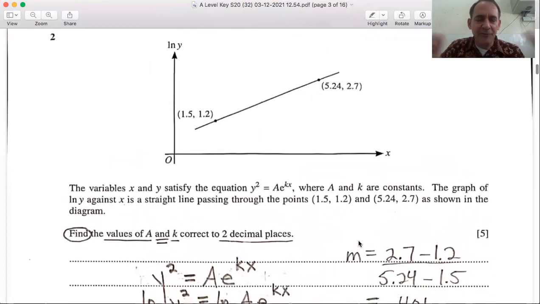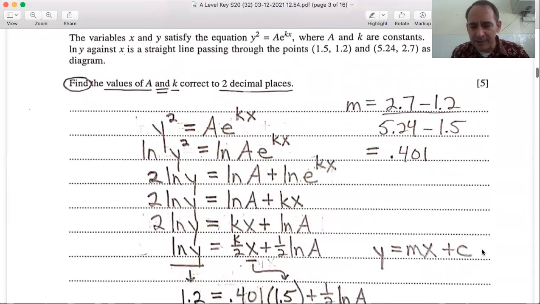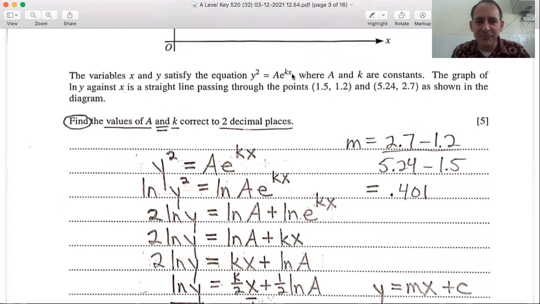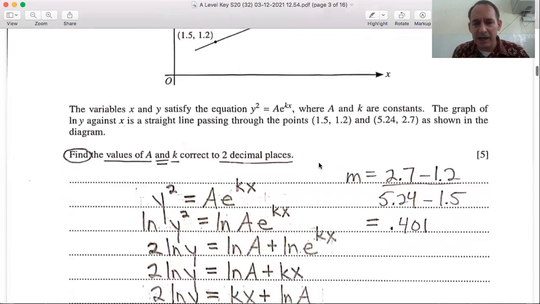Normally, if you were to do this in, say, a science experiment, your data points don't come with the original equation. So usually, you're going to try to flatten the curve by taking the ln of either y or both the y and x. And you're going to start with your linear equation, and you're going to develop your formula for your original data points. In this case, they provide for us the equation. So we have the opportunity to work both ways.